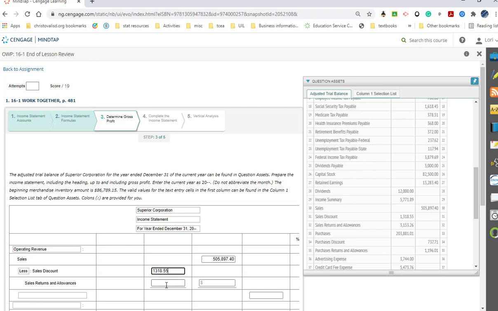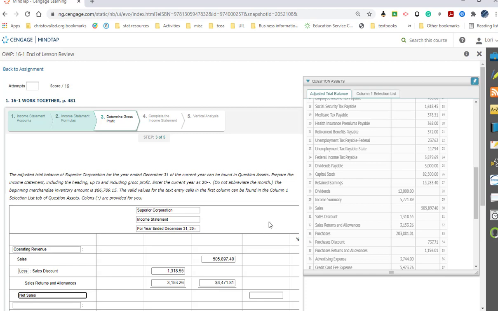Then our returns and allowances is right underneath that, and that was $3,153.26. When I add those two together, I come up with $4,471.81.